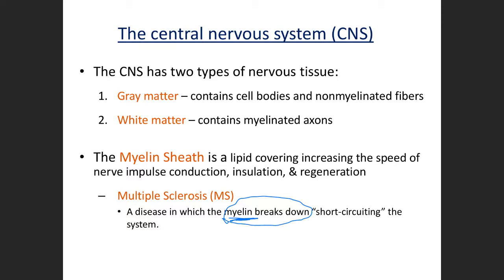And so what happens with somebody with multiple sclerosis as a degenerative disease is that they start to have a loss of fast function. It can cause some types of shaking. It can cause paralysis in certain parts of the body. It can cause certain parts of the body to suddenly start to feel kind of numb or not function as fast as they can. And so this is a very slow breakdown that takes time to occur.